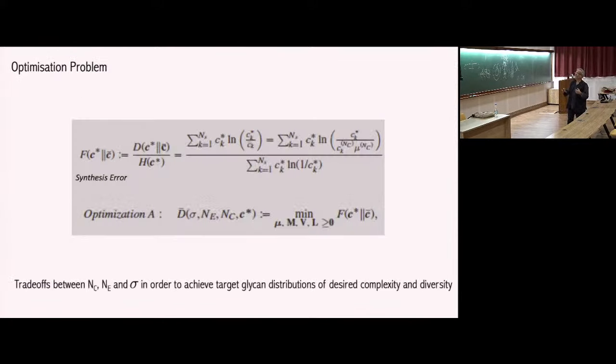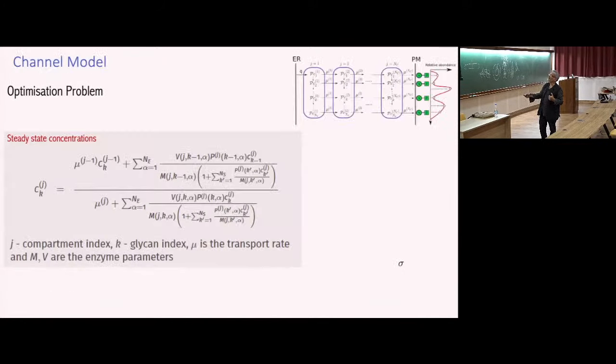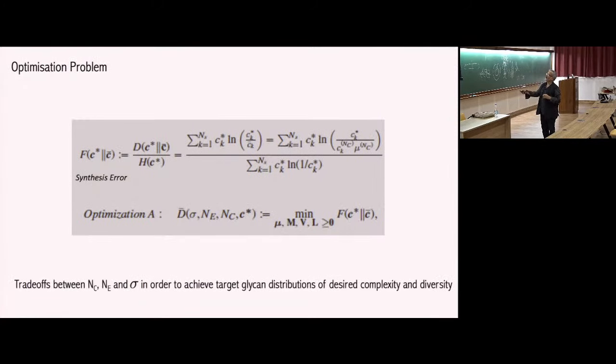Okay. So now I want you to recall that definition of the ratio of the KL divergence to the entropy. This F, which I call fidelity. So this is the fidelity, the ratio of the KL divergence between the synthesized distribution C, which I compute from here, where J is the last cisterna, and the target distribution C star.